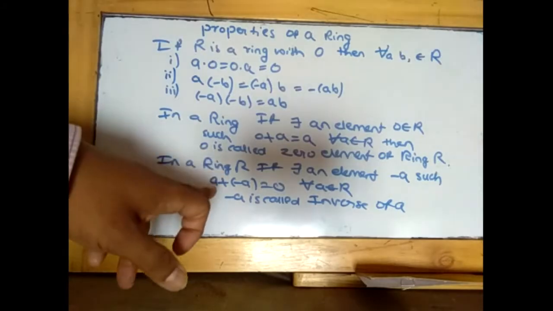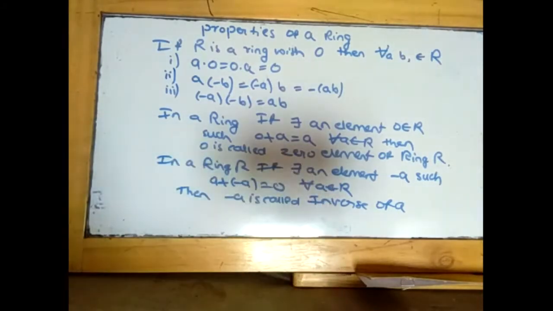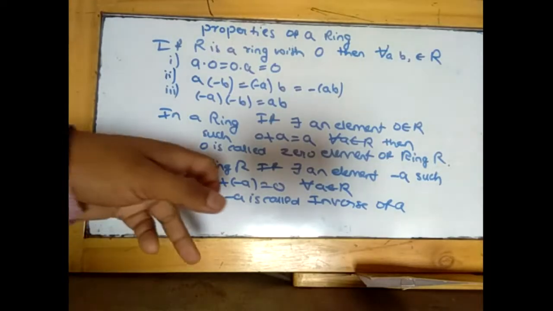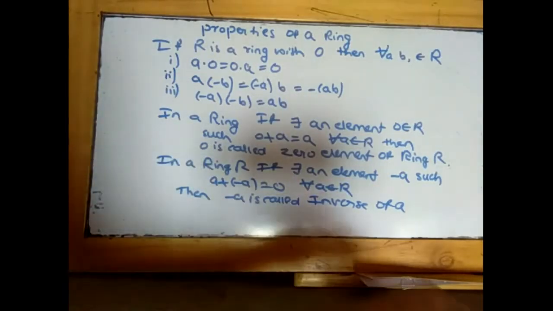Since here the operation we use is addition, it is called the additive inverse. If the operation is multiplication, then it is called the multiplicative inverse. Okay, so these things we should remember.